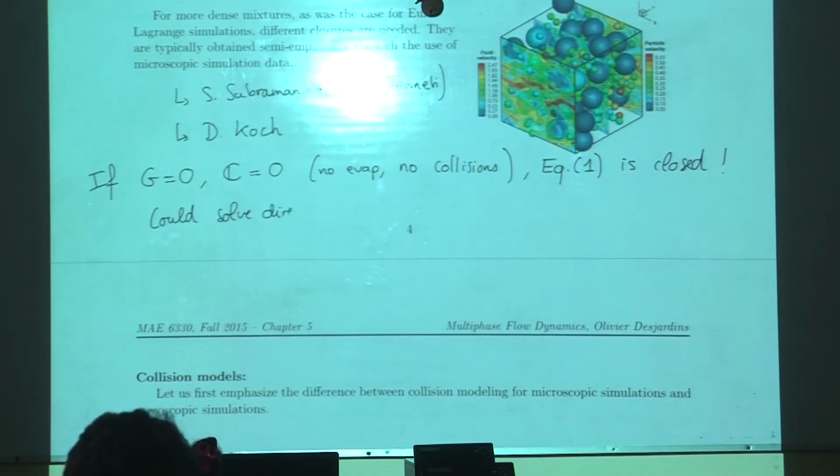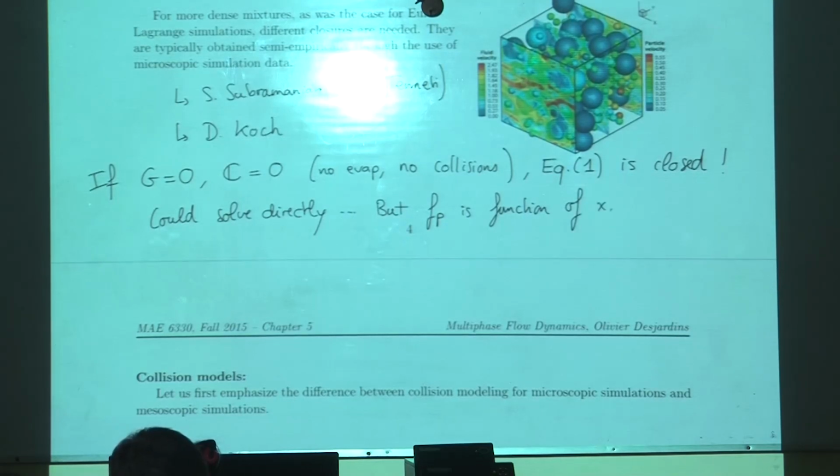So we could solve directly in principle. But fp is a function of x, y, z, t, up, vp, wp. So it's simply too expensive.